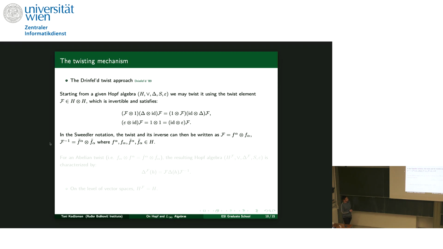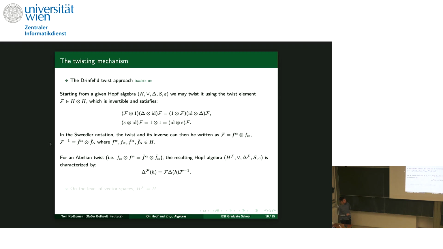in the Sweedler notation. Now, if we have an abelian twist, and abelian twists are all that I will be covering in this presentation, we get a Hopf algebra. We'll call it F-twisted H, so H_F right over here, and it is characterized by one thing only, and that is the change in the coproduct. So the coproduct gets a different sort of structure.